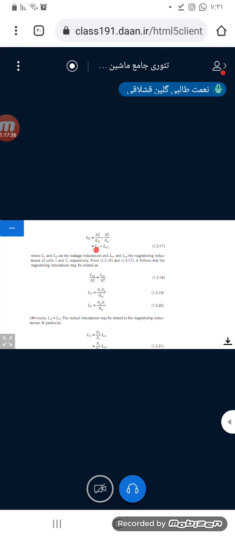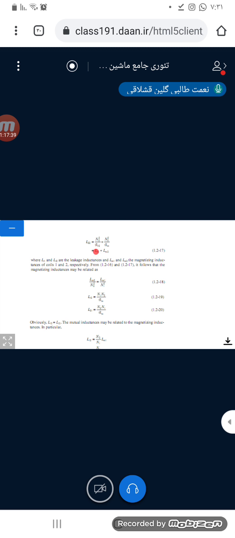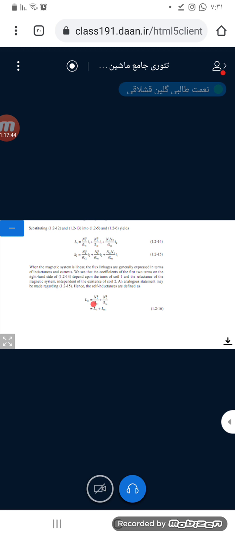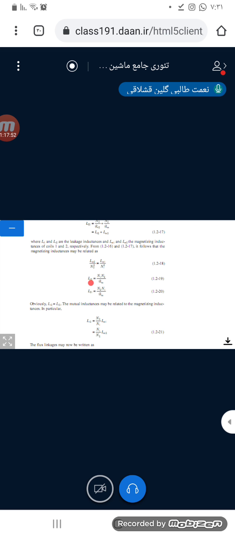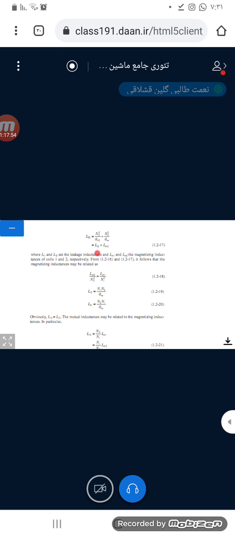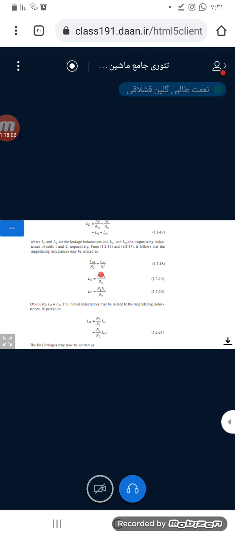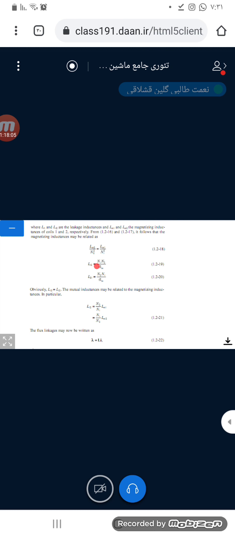This part, the inductance of circuit 1 and the leakage inductance of circuit 2, if we see this, we can write L leakage 1, 2, the flux from the circuit. We see that N1, N2 are N1, N2, N2 back.